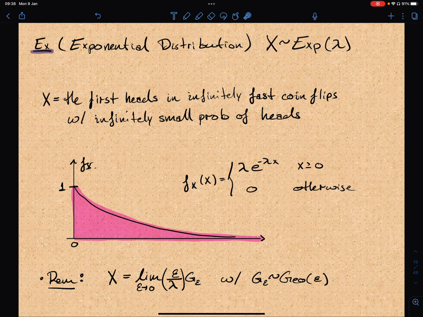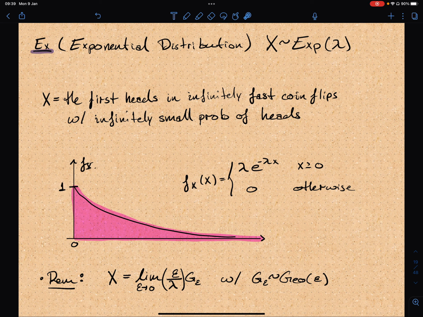We have now the exponential distribution, which is denoted by this. It has one parameter, and this is similar to the coin flip, getting the first heads in k coin flips. But this is a certain continuous limit of that discrete random variable, where in here you take a biased coin and you decrease the probability of heads.